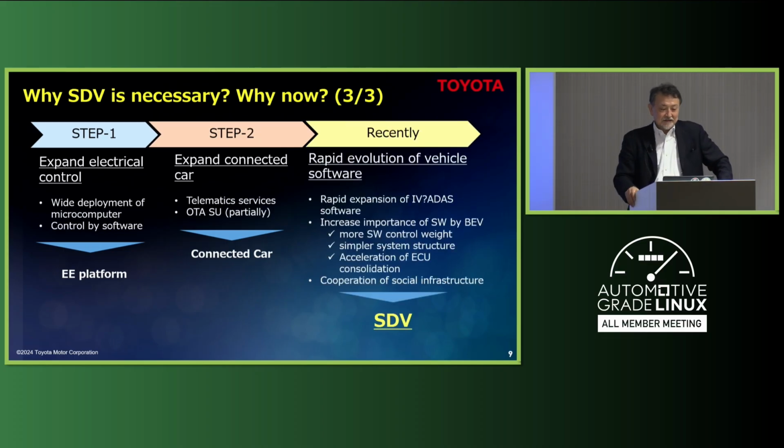And now, there is much more rapid evolution of vehicle software, not just for telematics or multimedia type of things, but in ADAS and LED capabilities. And especially for the BEV, we have tons of new services more than before in the age of ICVs, because the BEV is stopped in a parking space or wherever it stops, or even while charging.